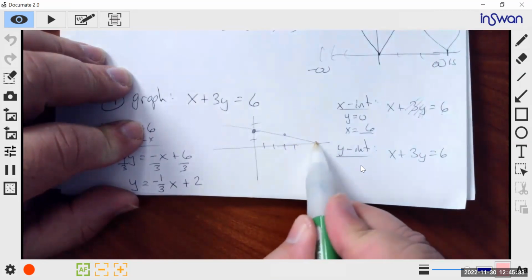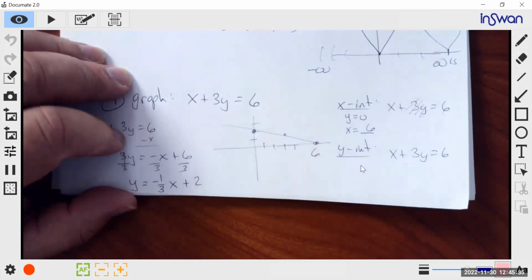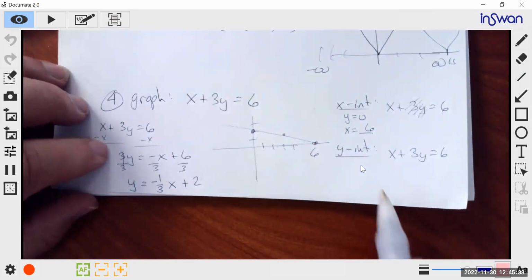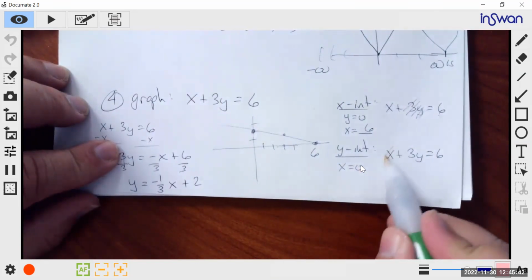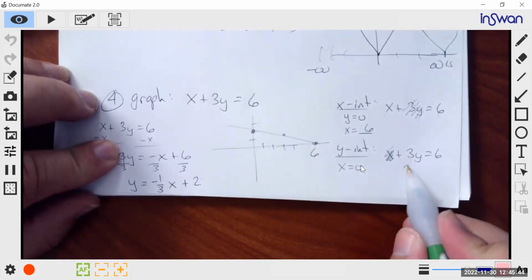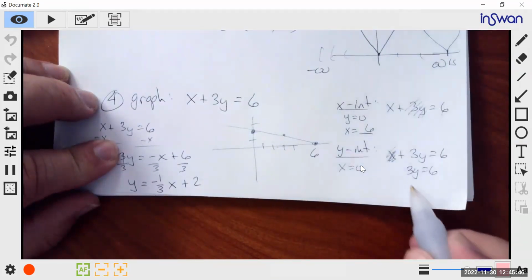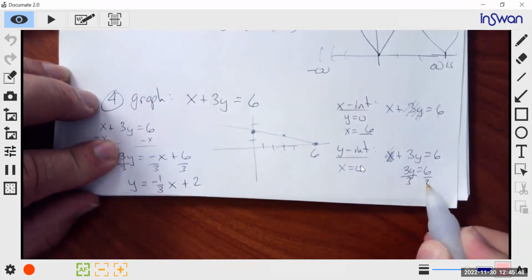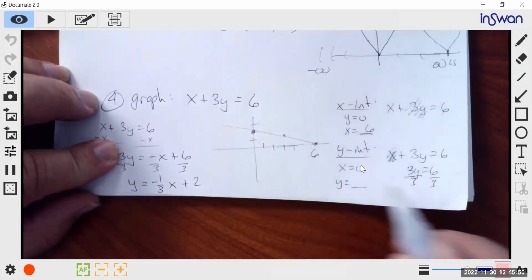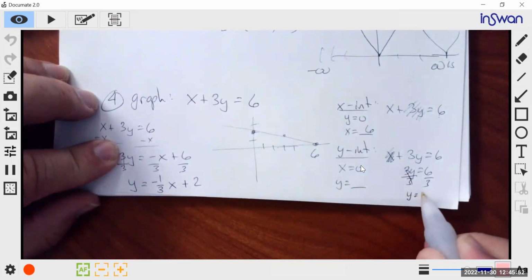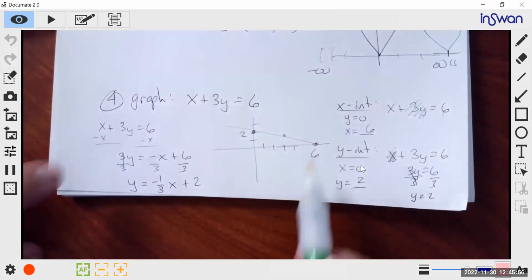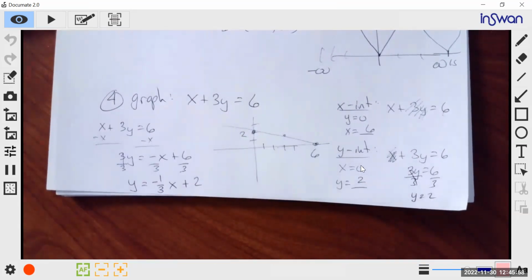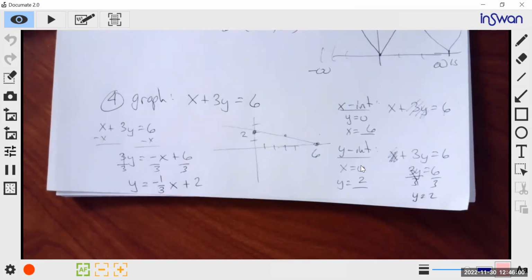So we know we're going to have an intercept at 6. For the y-intercept, set x equals 0 and solve for y. y equals 2. We plot both of those, connect them, we're done. Both ways will work.